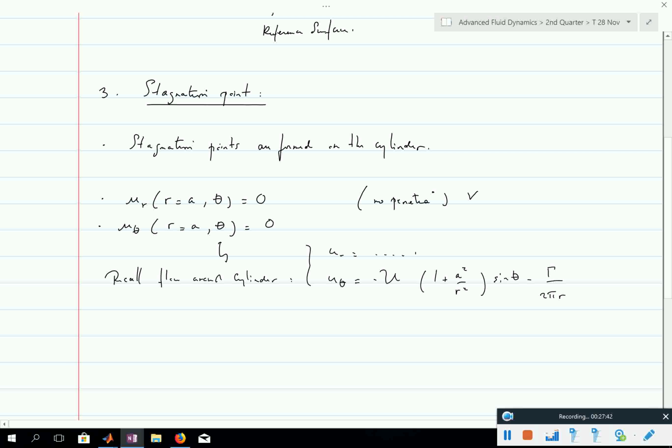So our equation for the stagnation point implies, let me rewrite this equation here and replace r equals a, so the bracket is going to be equal to 2, and I have minus 2U sine theta minus gamma divided by 2 pi a equals 0. That's the equation for my stagnation point.